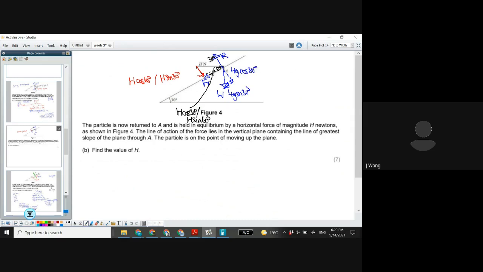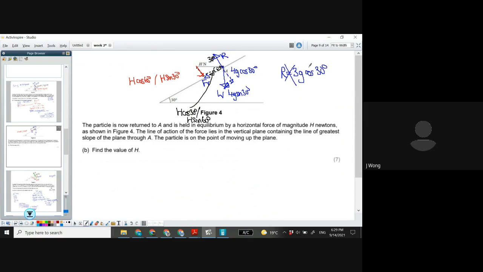The main misconception that we usually have for this question is using the reaction force from before. What we had before is the reaction force as 3g cos 30 degrees. It's not the same case for B, because when you introduce the horizontal force and break it down into components, one force is on the perpendicular component, which will change the value of the original reaction.